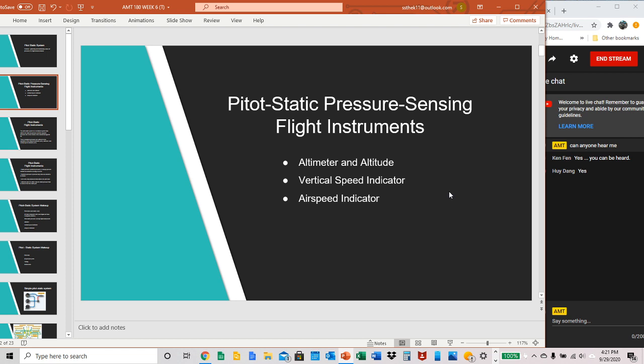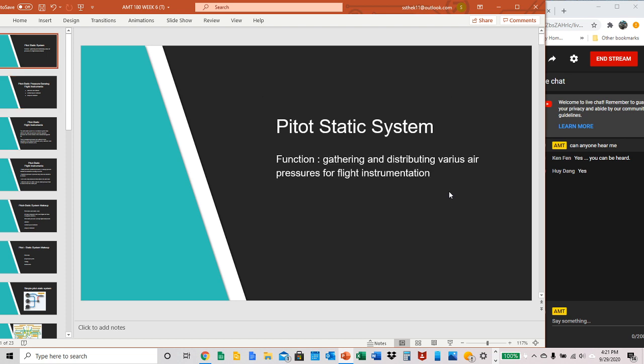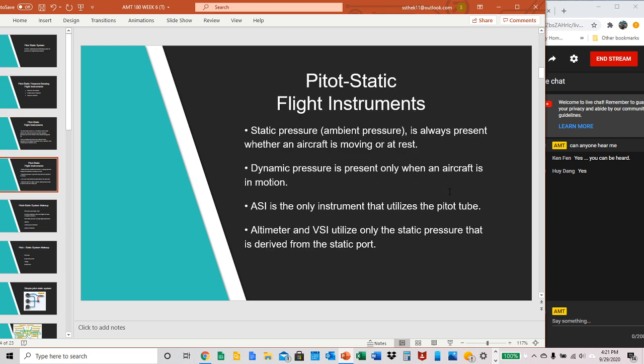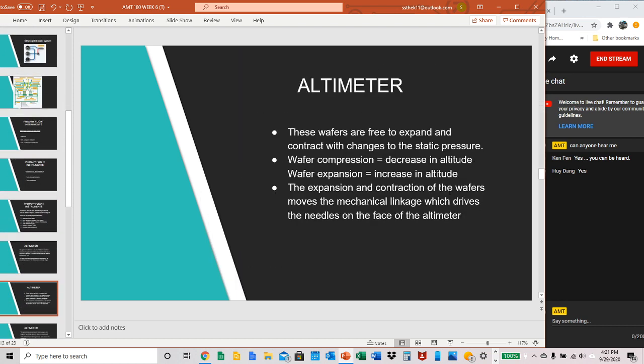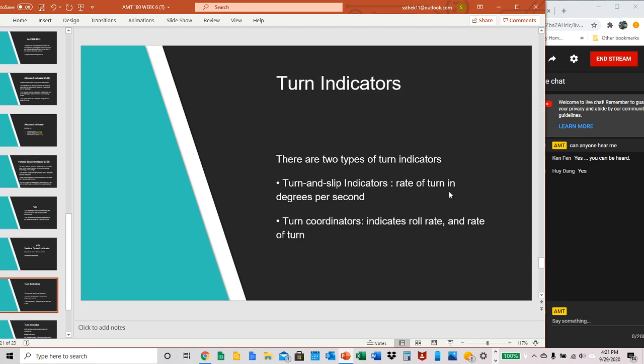Okay, so that's all that we're going to go over for today, just some of our primary flight instruments, a little bit of a review of the pitot-static system, and we talked about our vertical speed indicator, our airspeed indicator, and our altimeter.